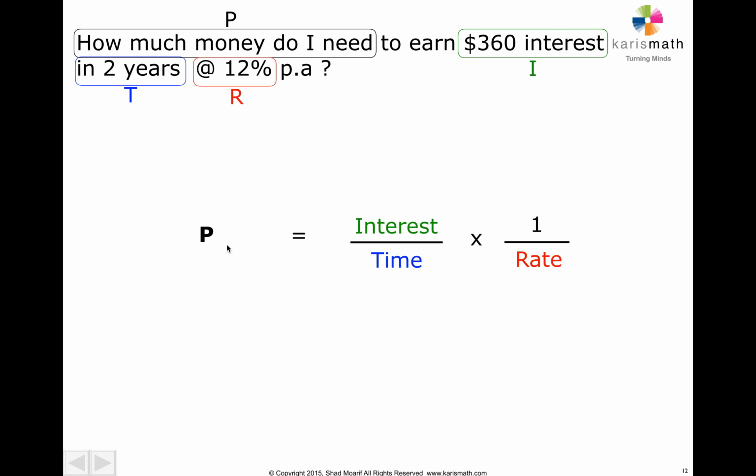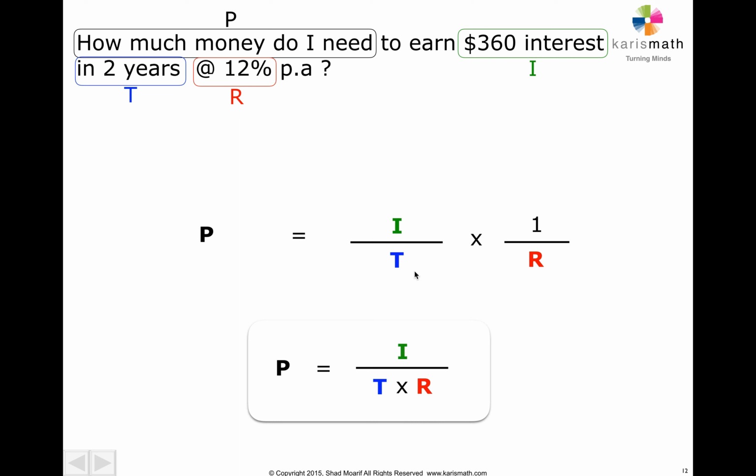So now we can put P for principal, I for interest, T for time, and of course 1 over rate means 1 over R. Or to simplify it further, we simply write it as P equals I, of course I times 1 is just I, and T and R together is T times R. The interest was 360. If we divide it by the time, we'll get the interest for 1 year.